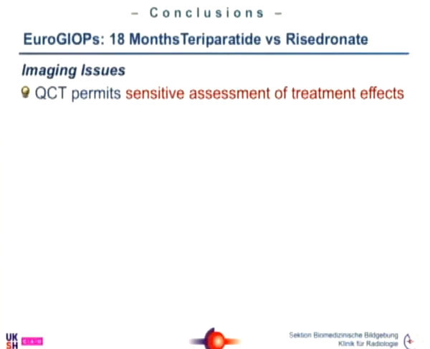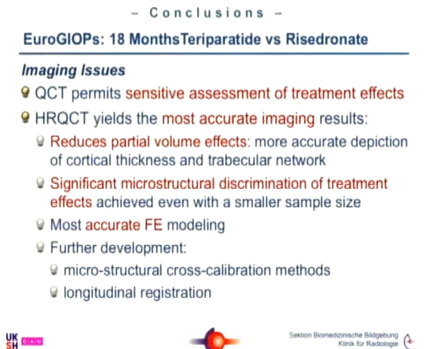On the imaging end, I think this shows that QCT, even in a very small study, is able to assess the treatment effects very sensitively. High-res QCT gave the most accurate assessment, both if you look at it visually as well as on the numerical data. It reduces the partial volume effect.